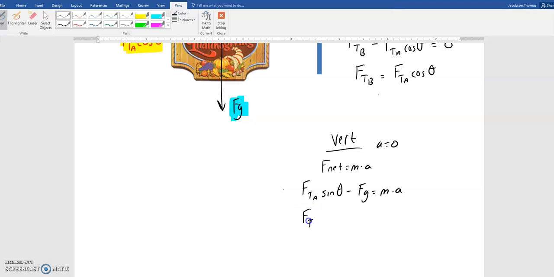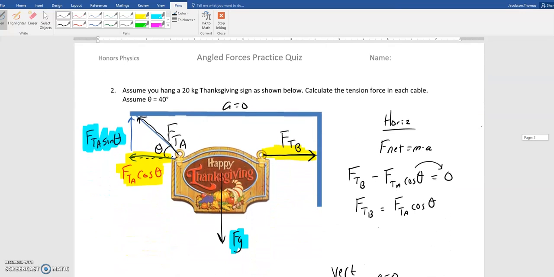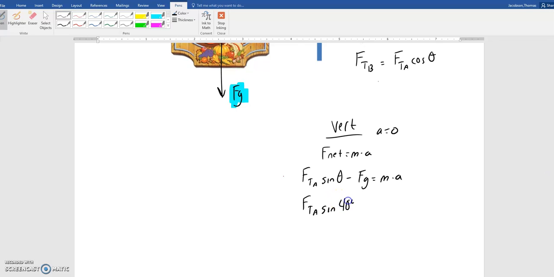So FTA sine of, let's make sure, yeah, in the directions it says it's 40 degrees. So 40 degrees minus Fg, and Fg is going to be the mass in this problem, which was given 20 kilograms times 9.8, and that's going to equal 0.